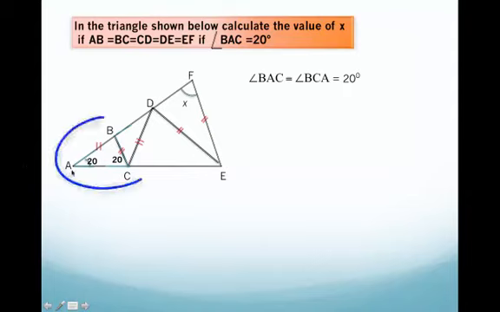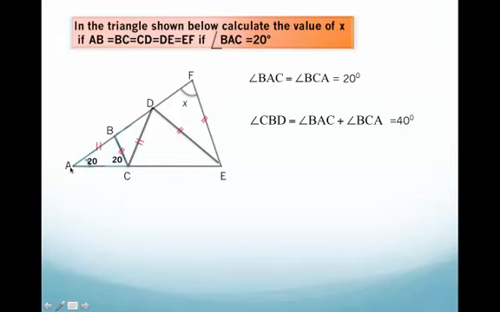Now, if you look at triangle ABC, CBD is an exterior angle to this triangle because it is formed by extending AB, and therefore angle CBD must be equal to angle BAC plus angle BCA, which is equal to 40 degrees because both BAC and BCA are 20 degrees. Now we have angle CBD as 40 degrees.